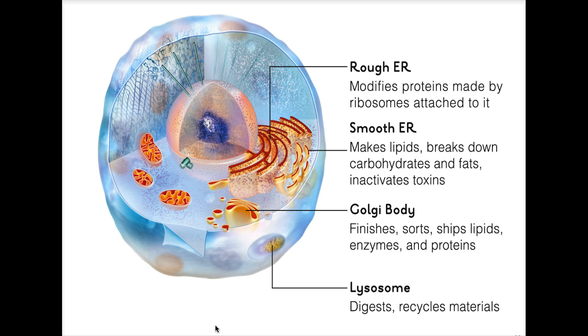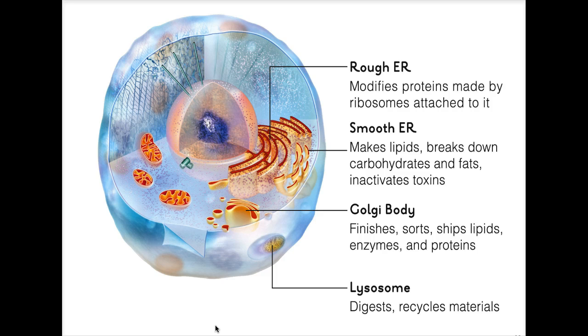So it's kind of like the UPS store. It finishes up any additional molecules that need to be added to what enters it, sorts it, tags it, and ships it in vesicles that then fuse with the plasma membrane and basically are shipped outside of the cell.